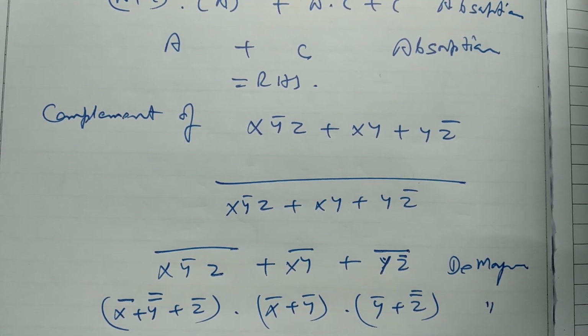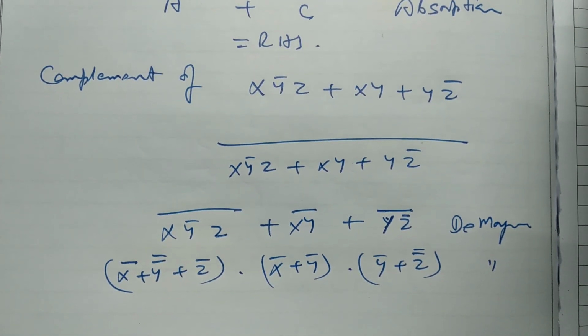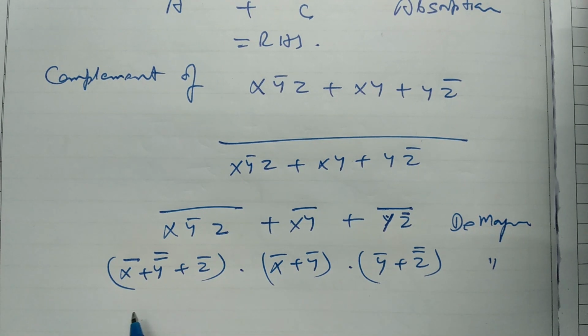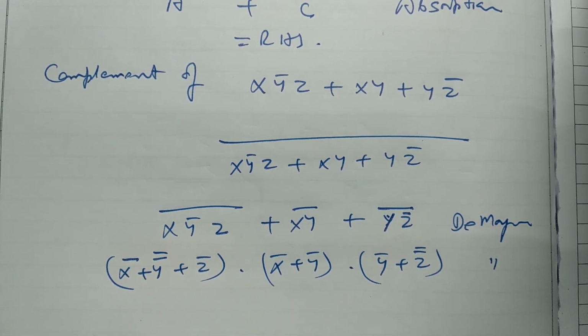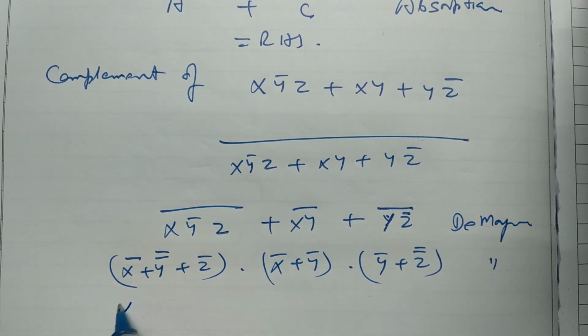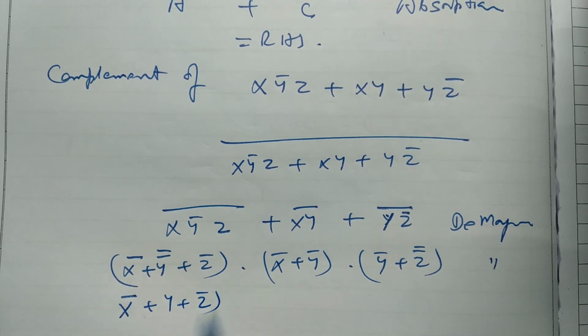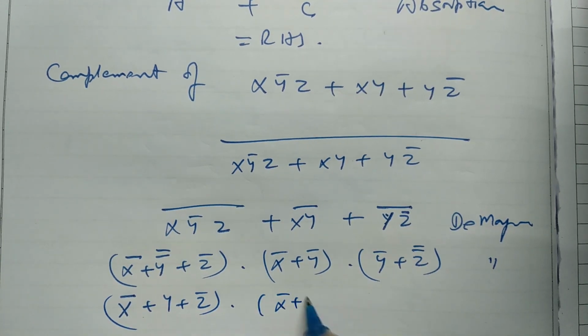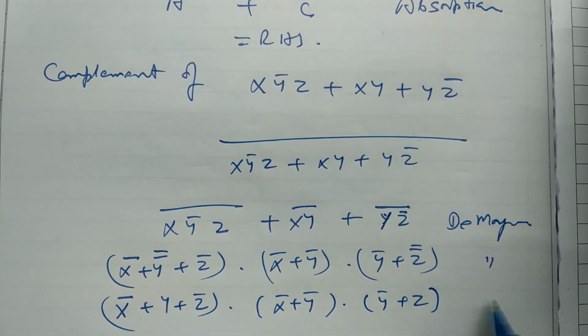Here you can see the final rule we can apply is involution law, where double naught will be cancelled. So this is x naught, or this y double naught is y. This is z naught. Involution law: x naught or y naught, and y naught or z double naught.